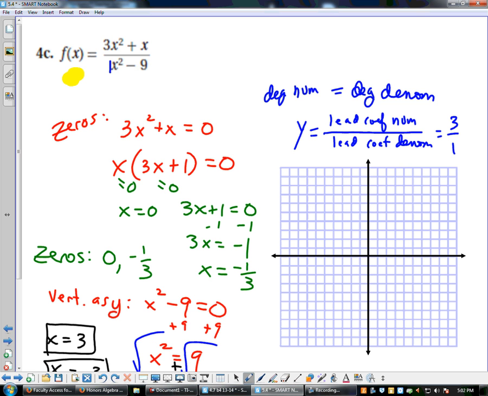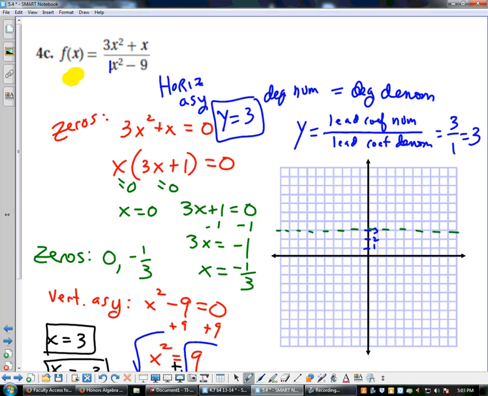So this is 3 over 1, which is 3. So we are going to have a horizontal asymptote at the equation y equals 3. So if we were going to graph this, 1, 2, 3, draw in your horizontal asymptote at y equals 3. We have vertical asymptotes.